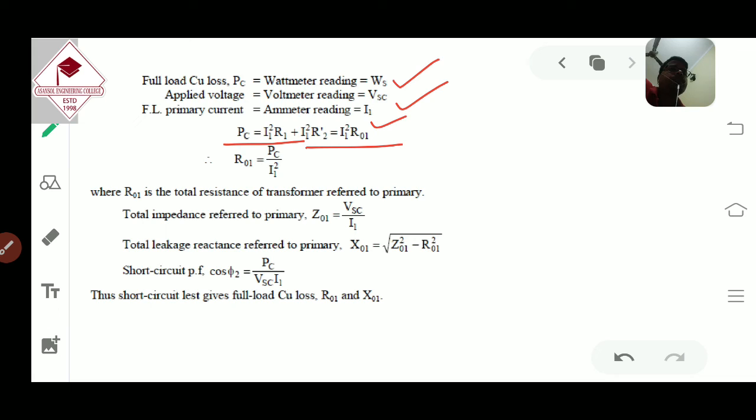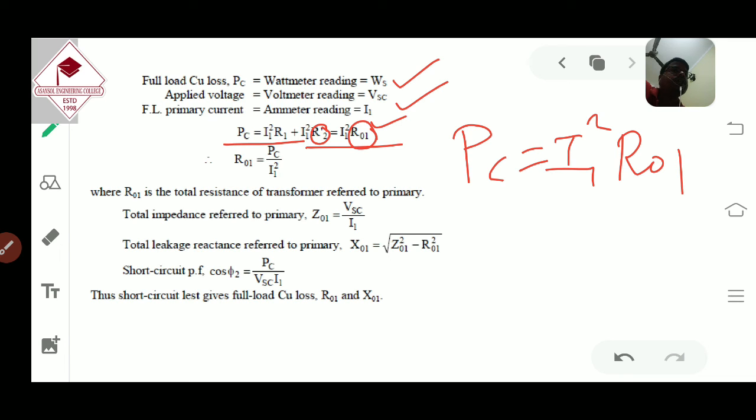So copper loss will be equal to I1 square R1 plus I1 square R2 dash, which is being transferred from the secondary side to the primary side. So equivalent, this will be R01, so it will be I1 square R01, okay? So whatever this PC is showing, it is equal to I1 square R01, right?